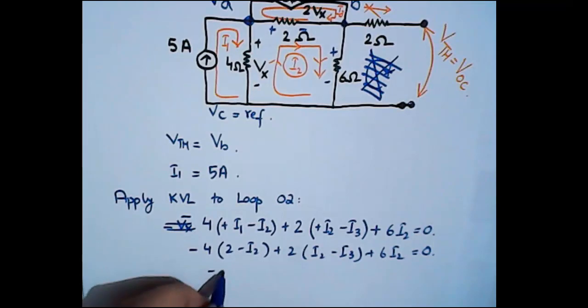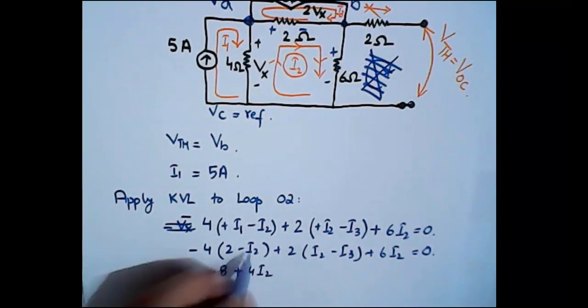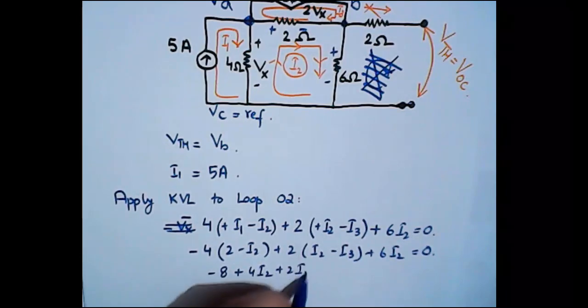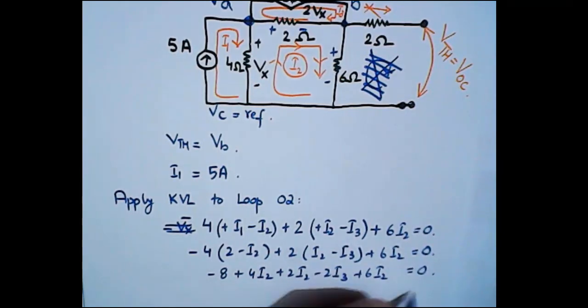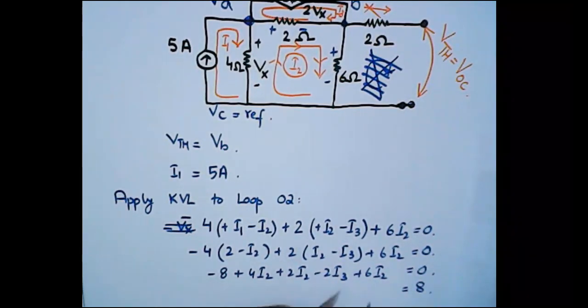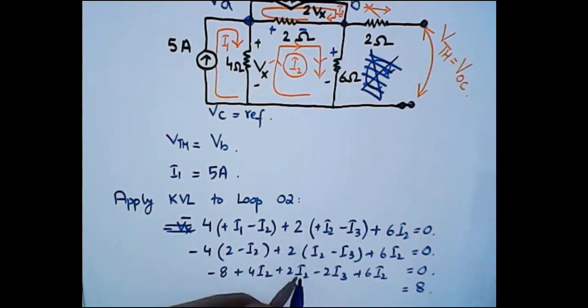So that makes minus 8 plus 4I2, plus 2I2 minus 2I3, plus 6I2 is equal to 0, which is equal to 8. 6I2 and 4I2 is 10I2, and 12I2, right?